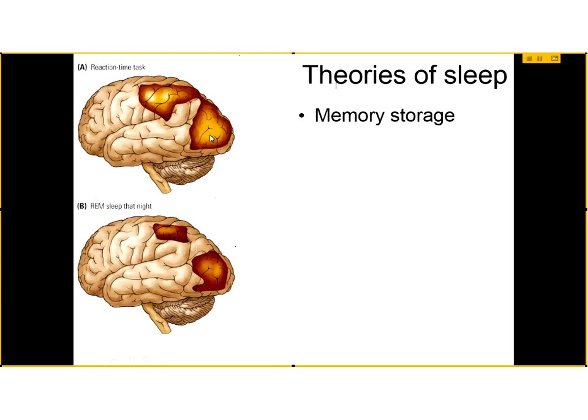So that dorsal pathway that was engaged during the task is reactivated during that night, during REM sleep. That provides further evidence that maybe part of that restorative process is encoding that day's activities.